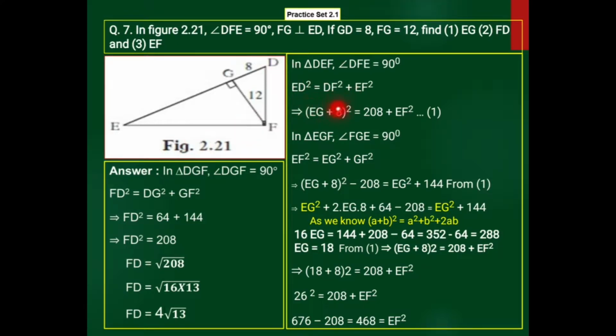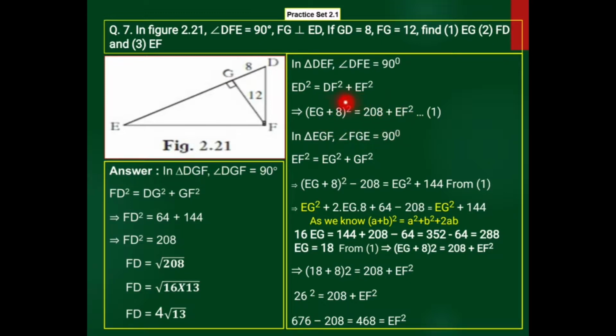So ED square equals DF square plus EF square. Now this ED can be written as EG plus GD. The value of EG is not given, but the value of GD is 8. So we replace ED by EG plus 8.